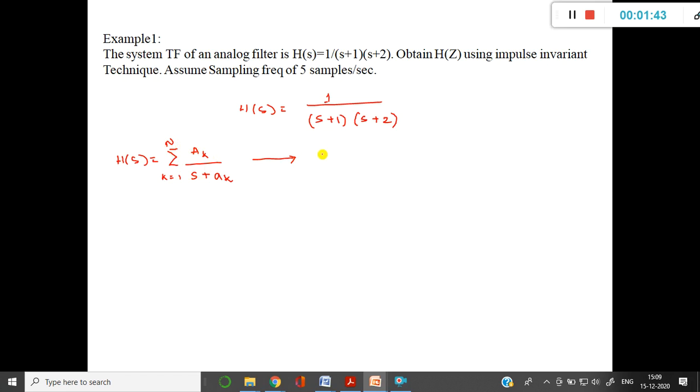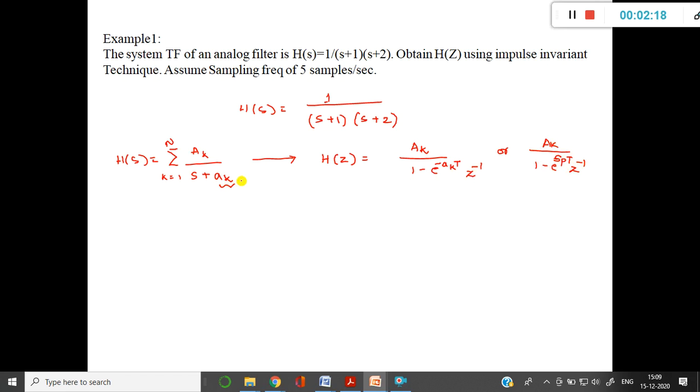When I move to H(z), I derived it as A_k divided by 1 minus e to the power of minus a_k T into z inverse, or else e to the power of s_p T into z inverse, where s_p equal to minus a_k in this case.